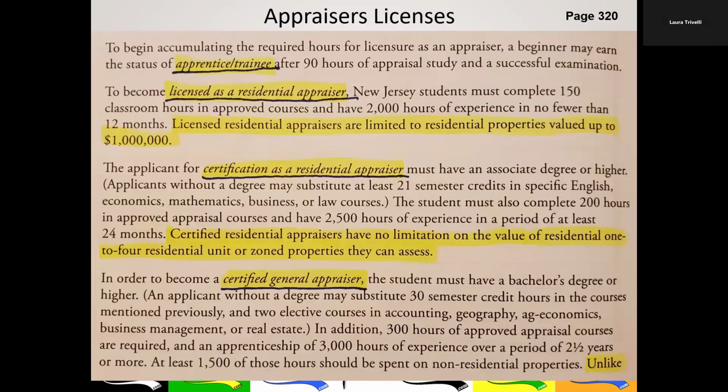So you would have to go find an appraiser and say, I'm taking these courses. Can I work with you for these 2,000 hours or 3,000 hours? That's correct.